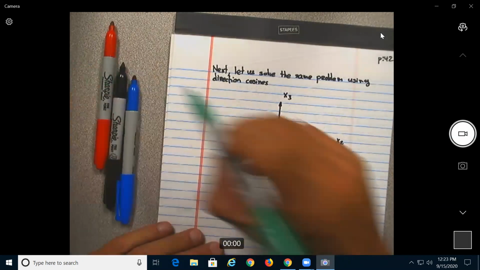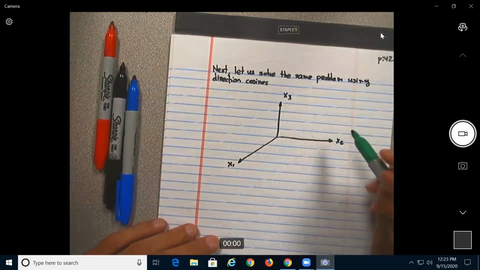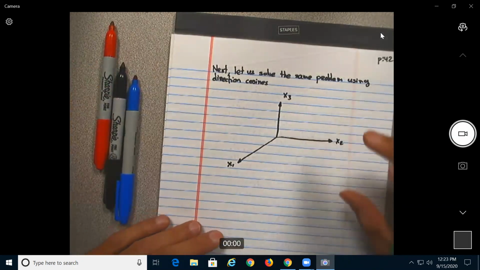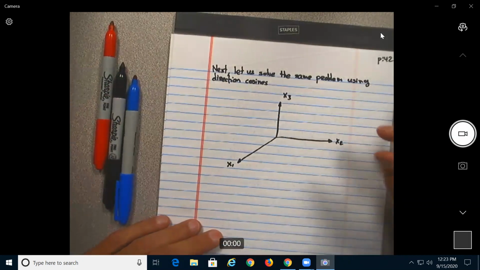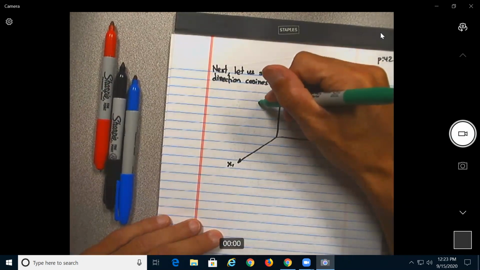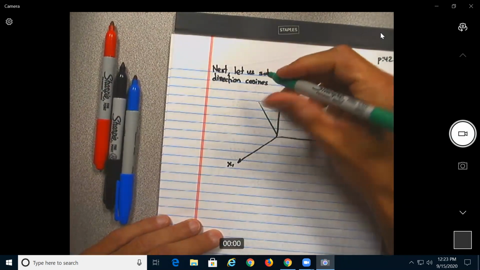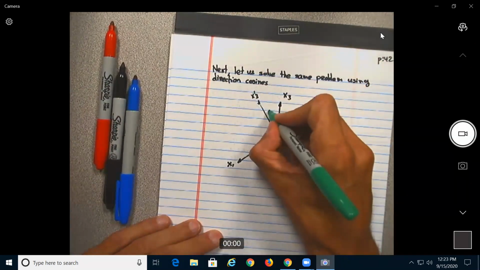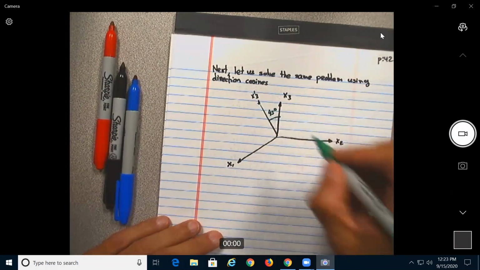So we rotate about this one. It's hard to see now. We rotate about this one. So this one, x prime 3, is going to be rotated 45 degrees.